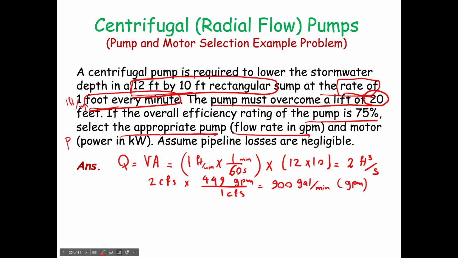Second, it asks: if the overall efficiency is this, find the appropriate pump and the motor power. So power is gamma QH, the one that I asked you to know.